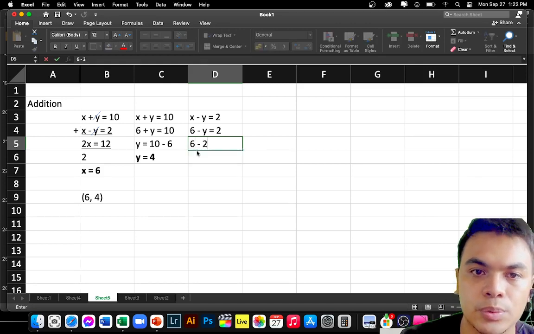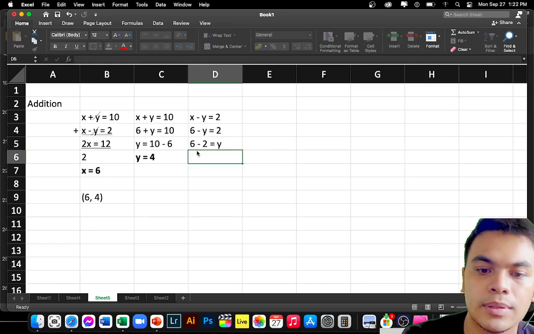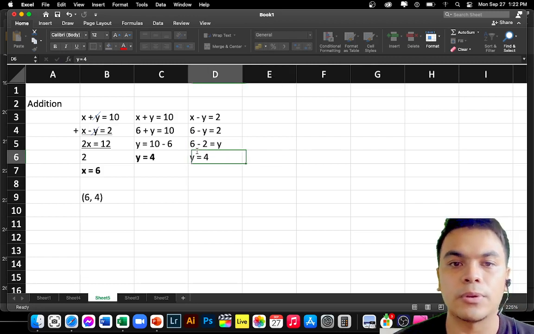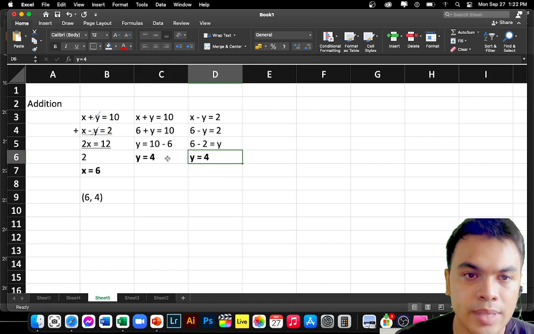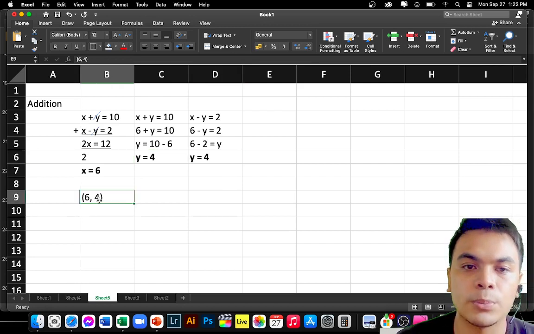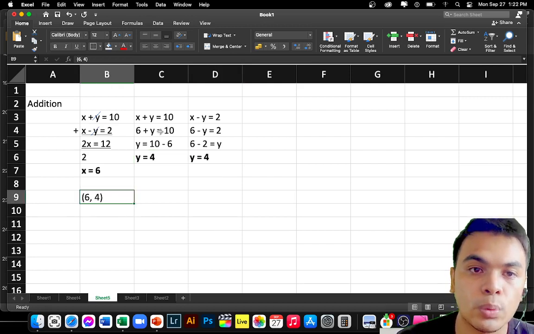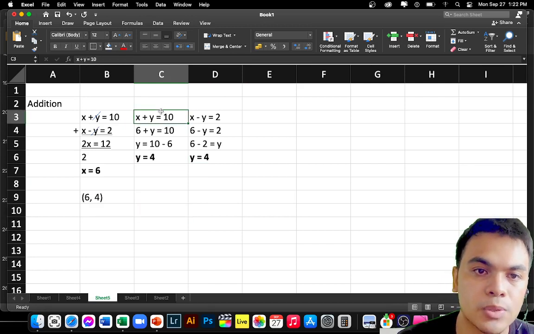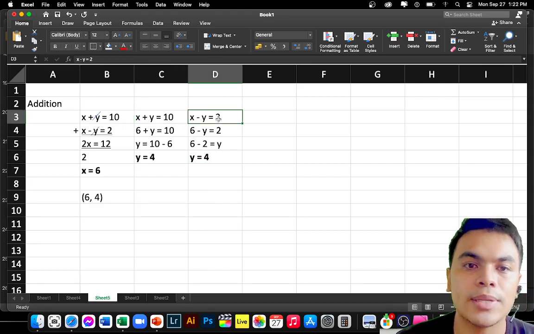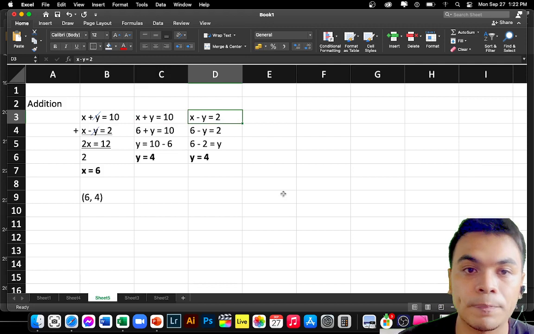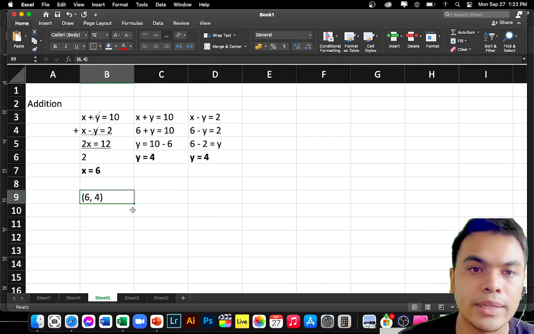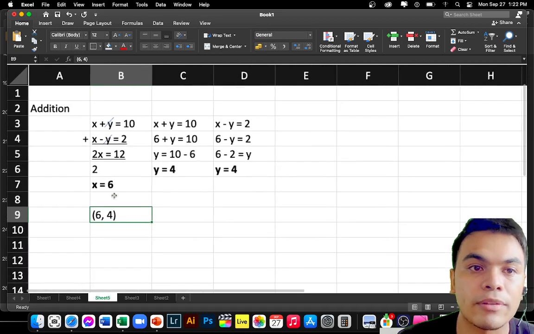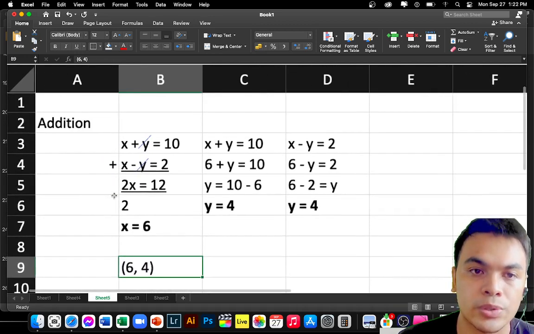So, 6 minus 2 is equal to y. Then, y is equal to 4. So, as you can see, it is now this x and y that we have computed, 6, 4, is true with both equations. X plus y is equal to 10 and x minus y is equal to 2. Okay, that is how you compute the x and y variable with two equations.